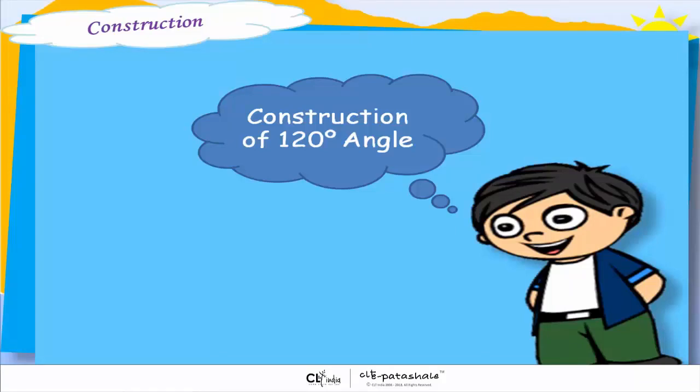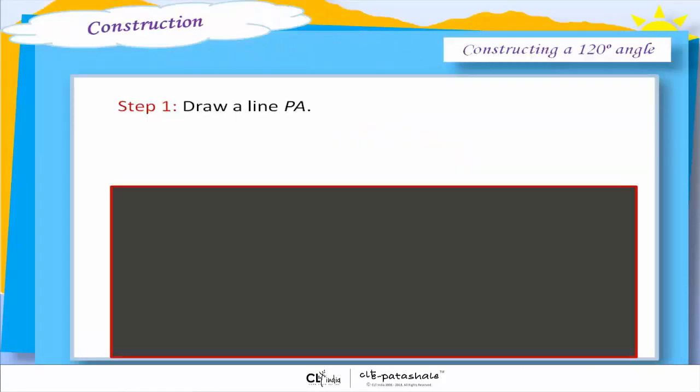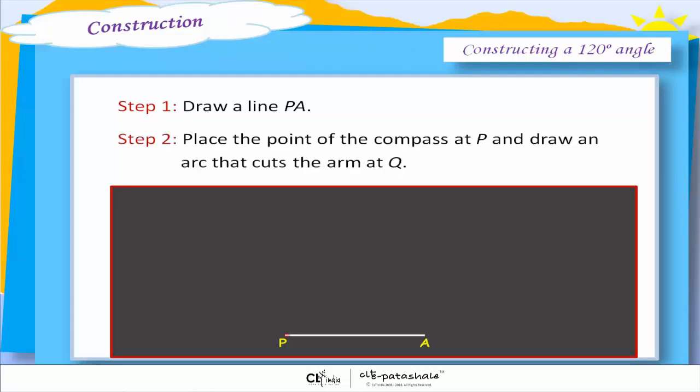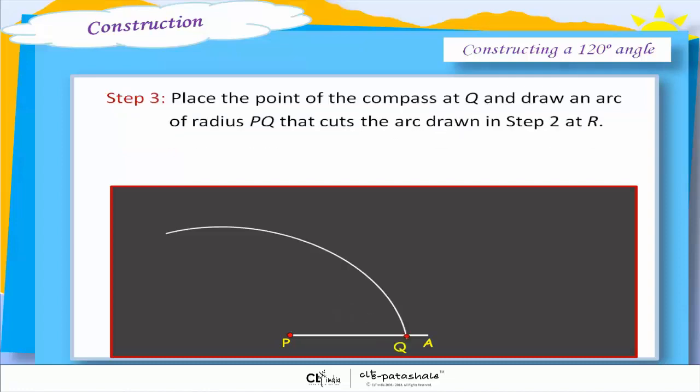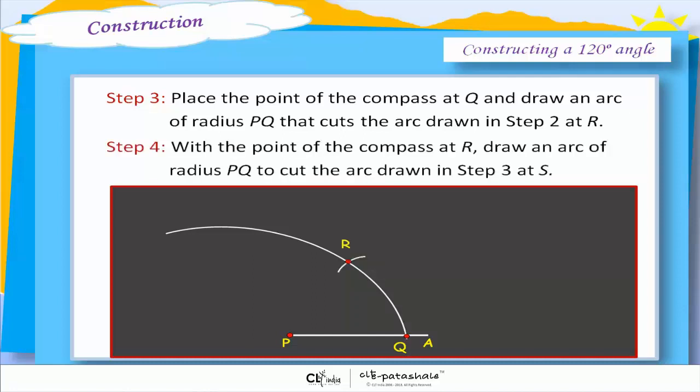Construction of 120-degree angle. Step 1. Draw a line PA. Step 2. Place the point of the compass at P and draw an arc that cuts the arm at Q. Step 3. Place the point of the compass at Q and draw an arc of radius PQ that cuts the arc drawn in step 2 at R. Step 4.